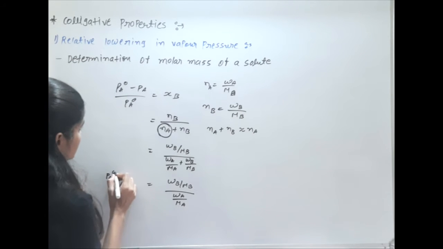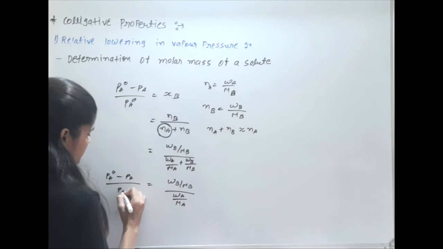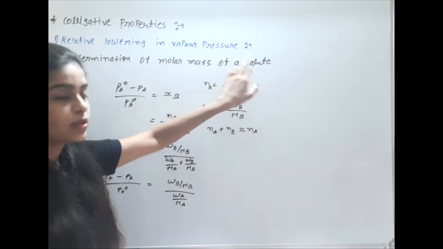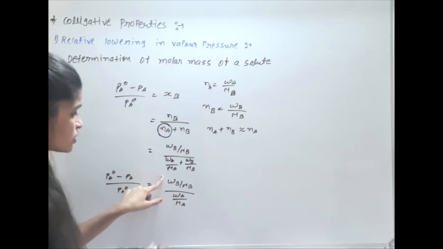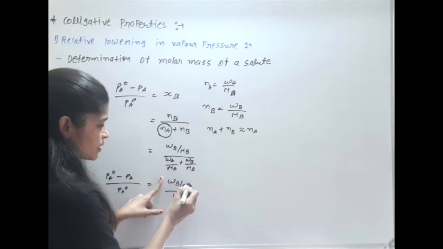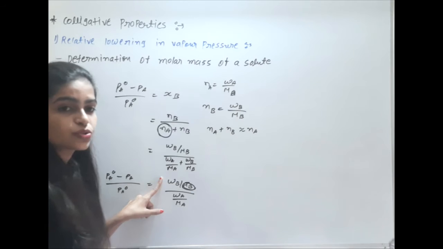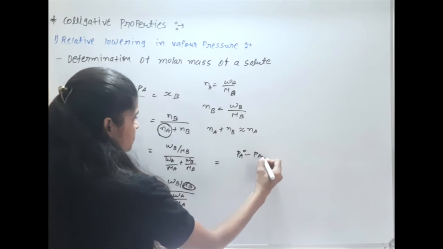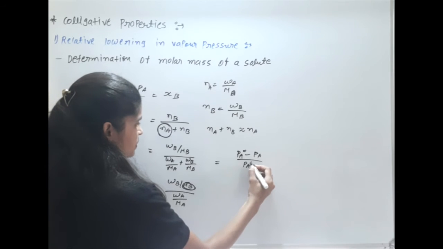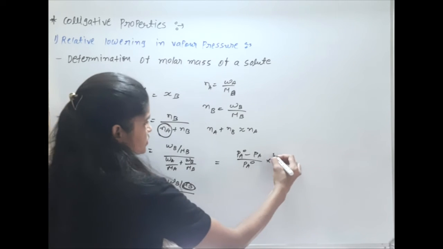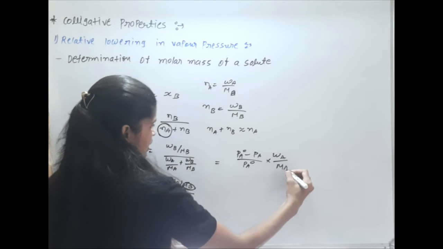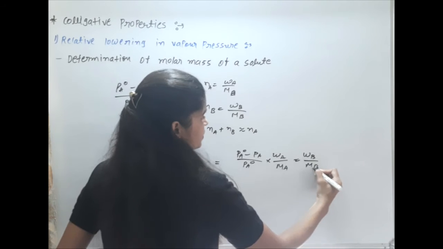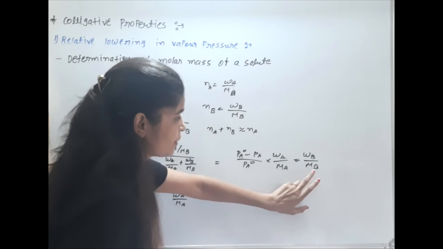This is PA0 minus PA upon PA0, and with this we find the molar mass of the solute. So PA0 minus PA upon PA0 multiplied by WA upon MA is equal to WB upon MB, and we find MB.